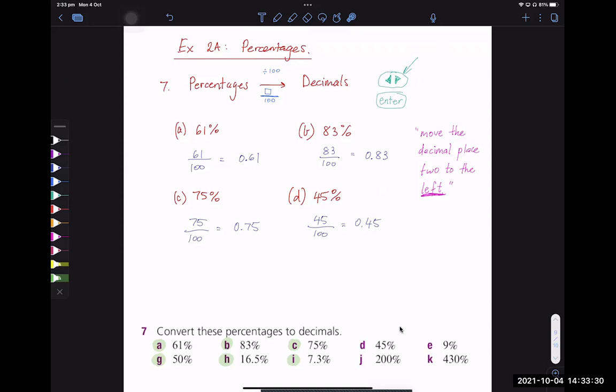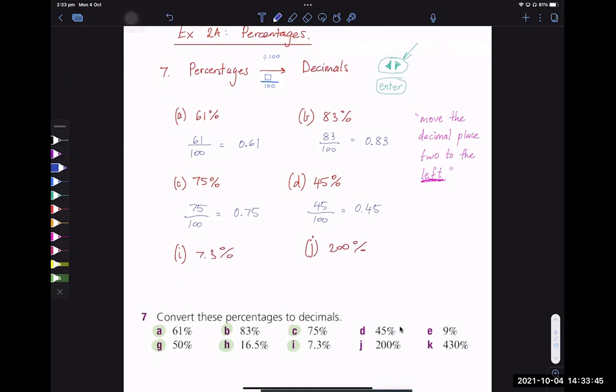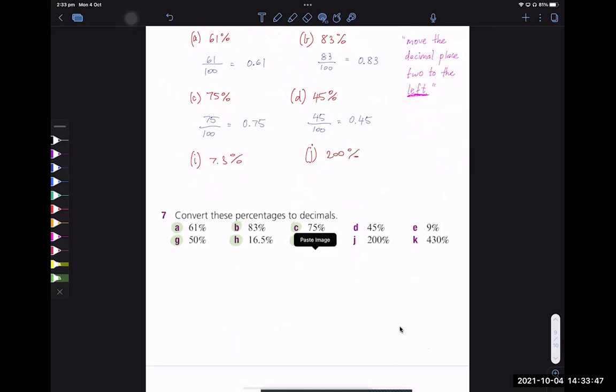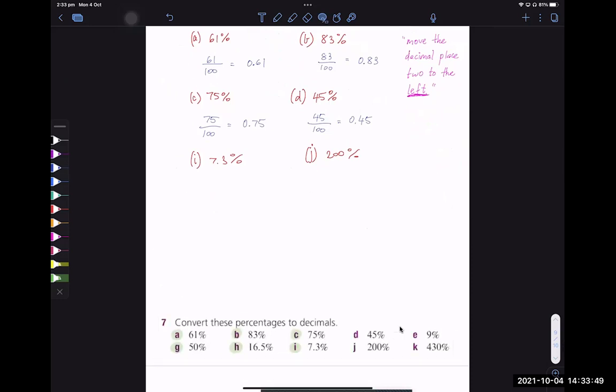So I'll just do a couple of challenging ones here, like maybe I and J. For these ones, I'll go to the calculator. But anyway, you should be going to the calculator anyway.